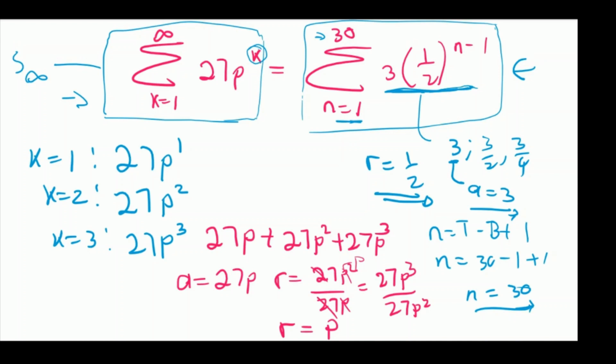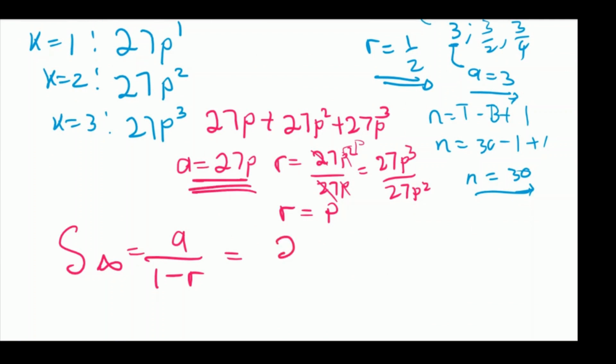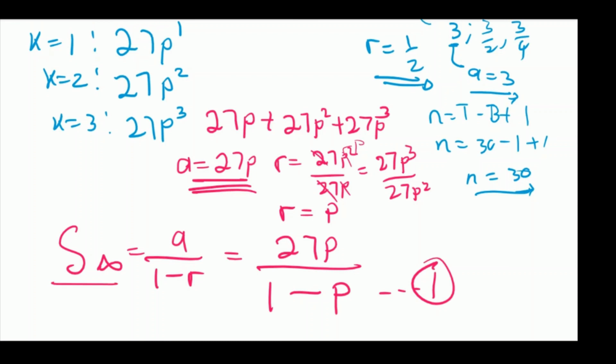So your r is equal to p. So now to find the sum to infinity, which is a over 1 minus r, our a value is 27p, so it's going to be 27p over 1 minus our r, which is p. So this would be your equation 1, the sum to infinity.